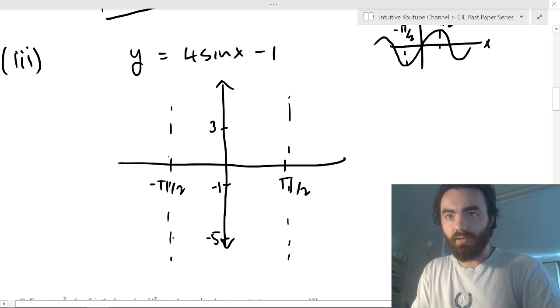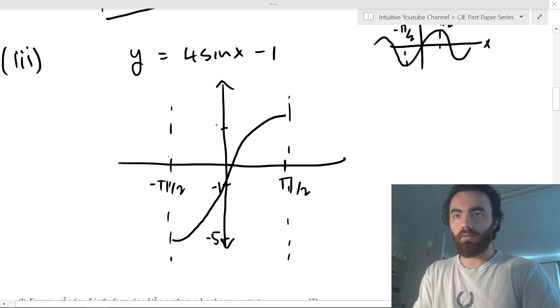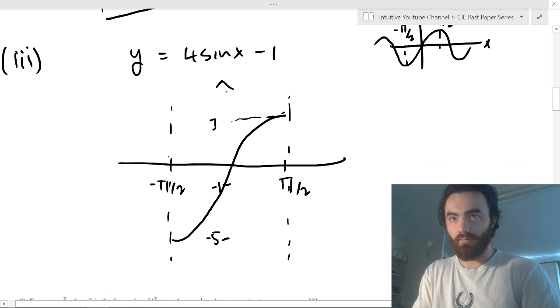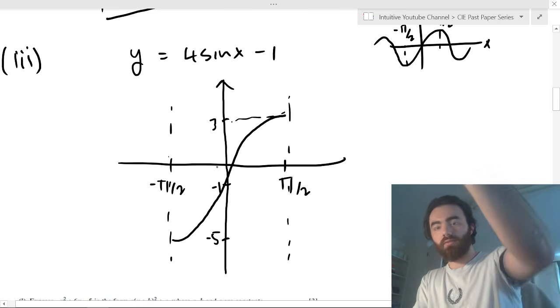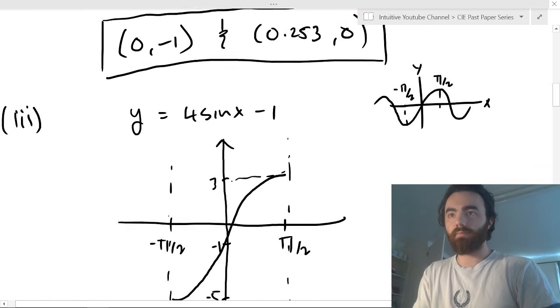It's going to look something like that. That's pretty poorly drawn. It's meant to be at 3. It goes up to 3 and down to negative 5.